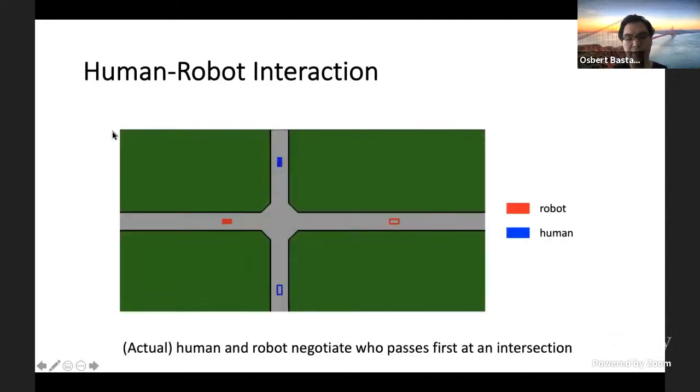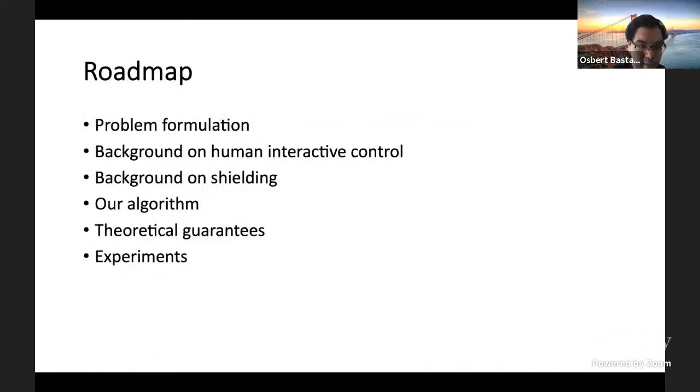Just to give an example to illustrate some of the challenges involved, here I'm showing a simulation where there's an actual human interacting with the robot via keyboard input. The robot is shown in red and the human is shown in blue. Their goals are both to try and cross the intersection as quickly as possible, but beyond that, their first concern is to avoid an accident.